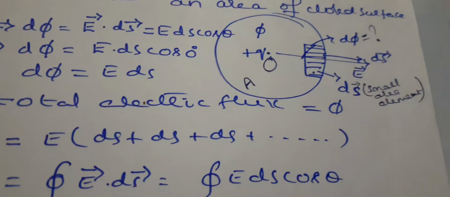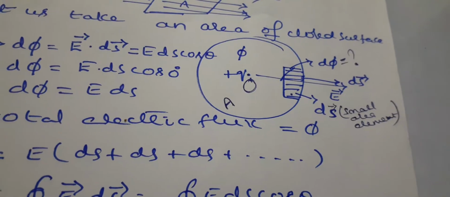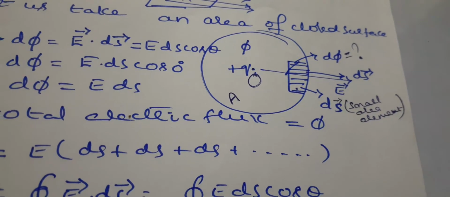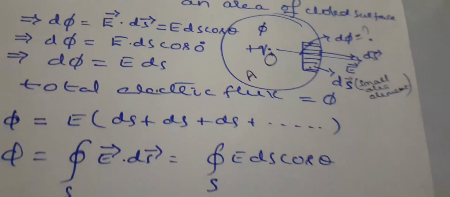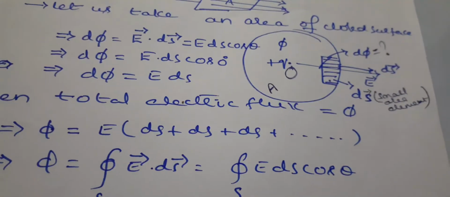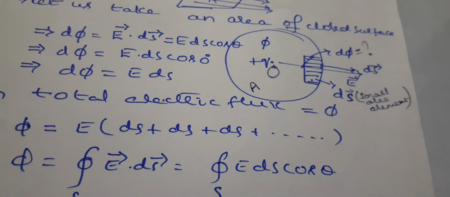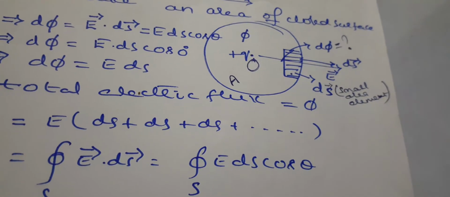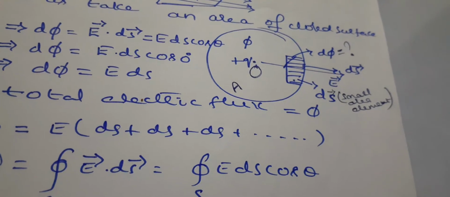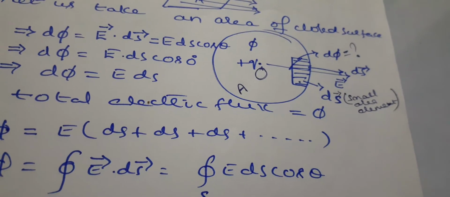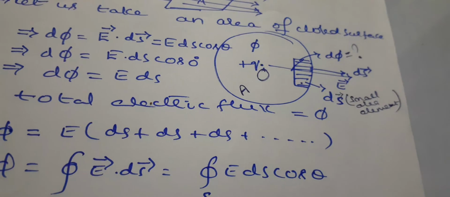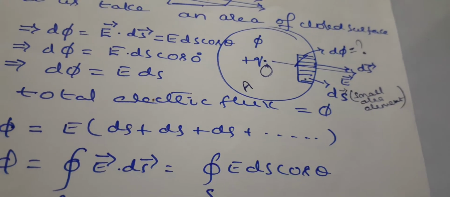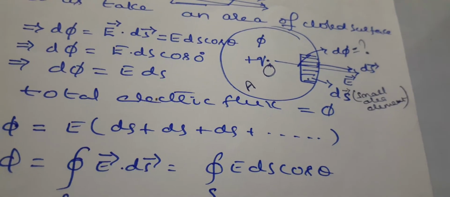But the total electric flux in the closed surface, capital A, is phi. In the whole area of this closed surface you can see many dS elements, small boxes dS. The sum of all those small area elements equals the whole area of the closed surface.